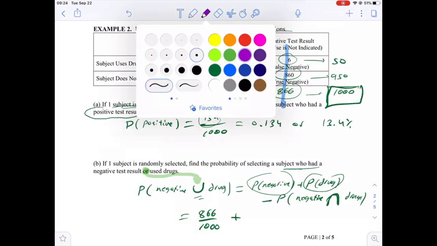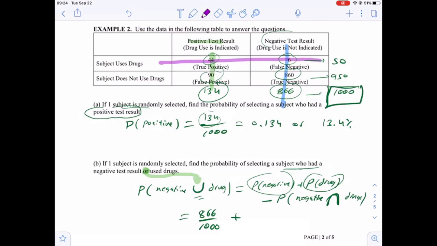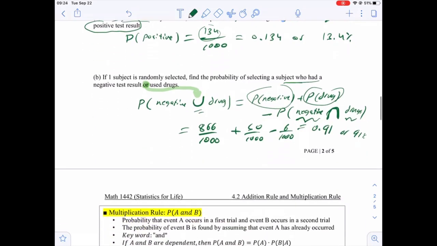People who use drugs are here, all those people. It's 50. So we have 50 out of 1000 minus the negative and used drug. Used drug is here and negative is here, so the intersection is this number, 6. So minus 6 over 1000, and computing this using a calculator we get 0.91, or 91% if you want to use percentage.